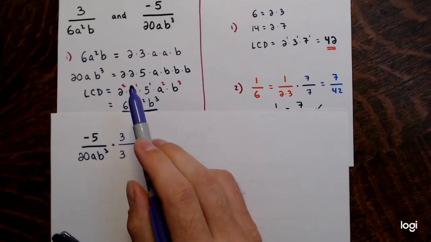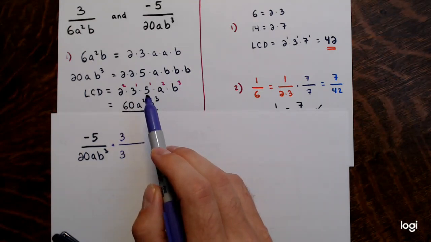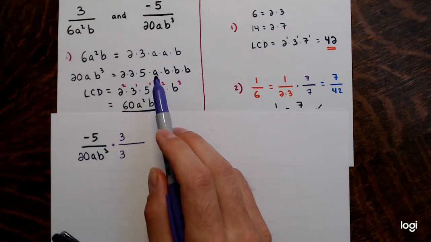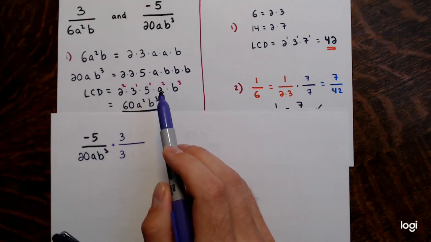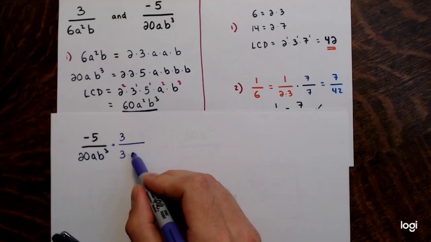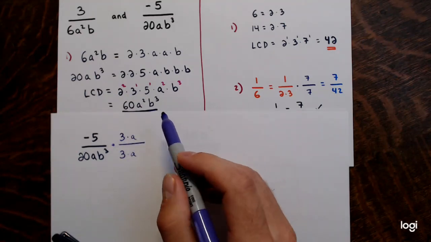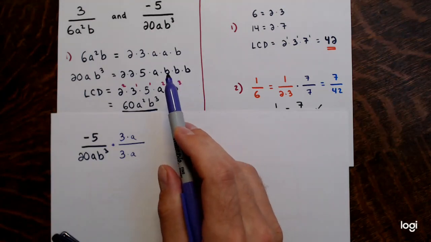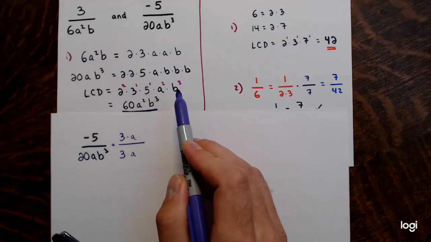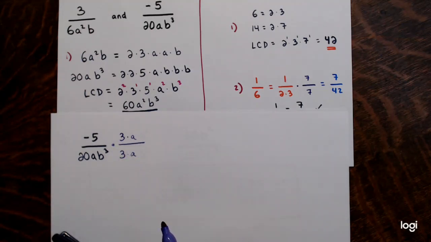The 20ab cubed has a 5. So does the LCD, so that's not missing. It has 1 a, but the LCD has 2 a's, a squared. So I'm missing one factor of a, so times an a in the numerator as well. And it has 3 b's. The LCD also has 3 factors of b. So the only things they're missing are 3 and a.